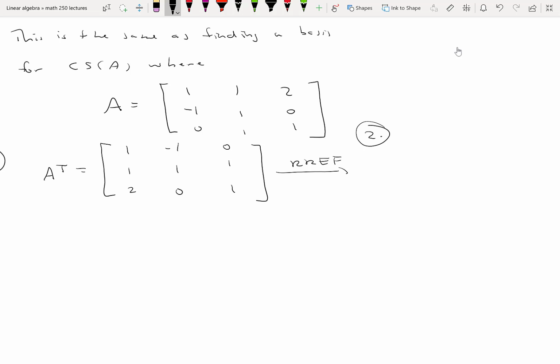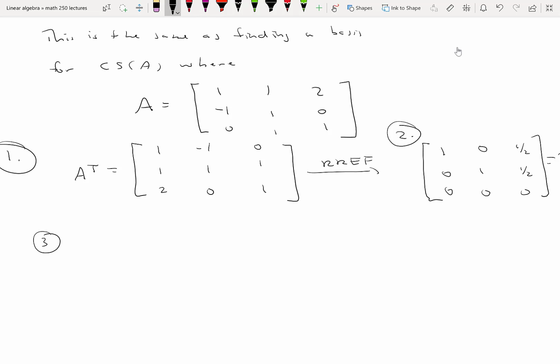The RREF turns out to be column-wise 1, 0, 0, 0, 1, 0, and 1/2, 1/2, and 0. And that matrix we'll call B.